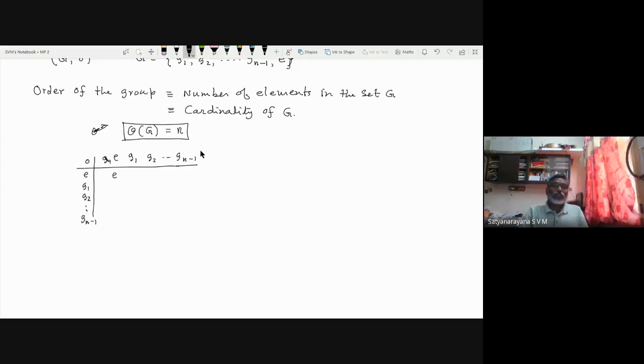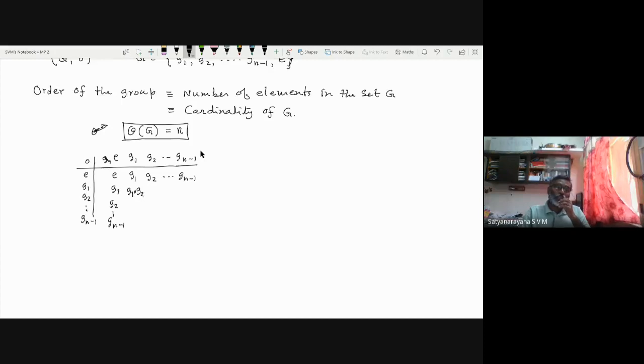E with E is E, E with G1 is G1, E with G2 is G2, and so on. G1 with E is G1, G2 with E is G2, etc. Now G1 with G1, I don't know what it is, but it will be one among the group elements because it is closed.